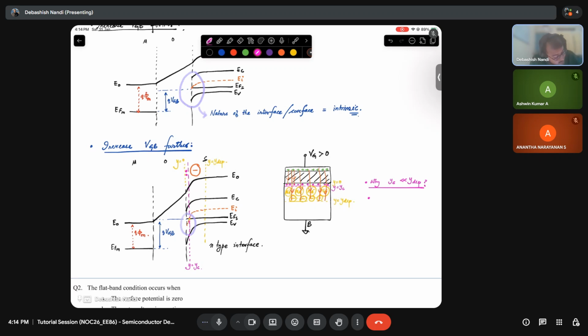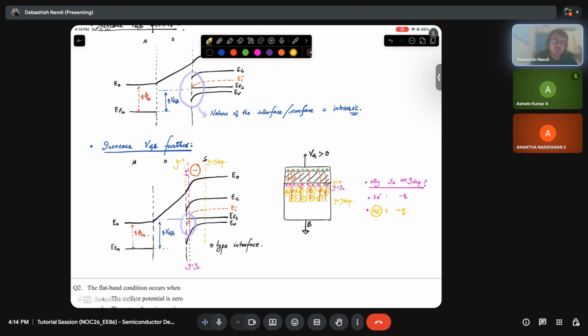So one electron is giving me minus Q charge, minus 1.602 into 10 raised to minus 19 coulomb, right? And one Na minus ion is giving me how much charge? Minus Q times Na?